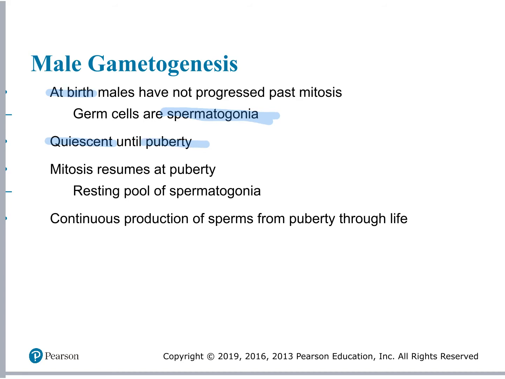Once they reach puberty and the testes start forming testosterone, then the spermatogonia cells start developing. They start dividing again by mitosis, and then some of them start dividing by meiosis. The ones that are developing by meiosis are the ones that become the sperm cells. So once the male reaches puberty, they start forming sperm cells, and they don't stop producing sperm cells until the end of their life.